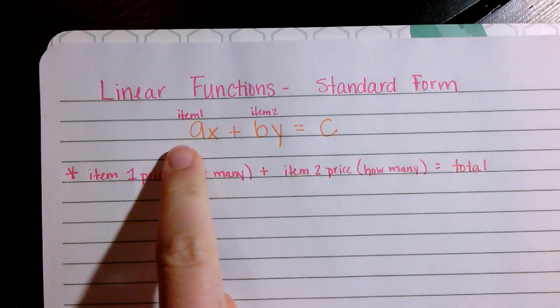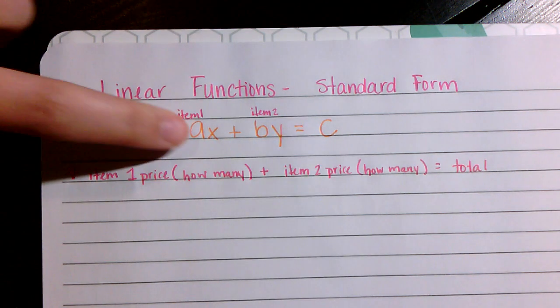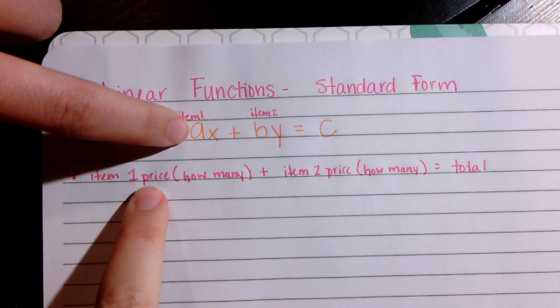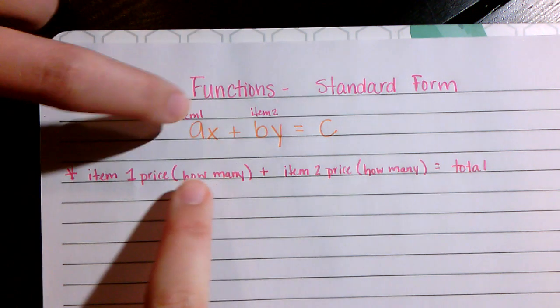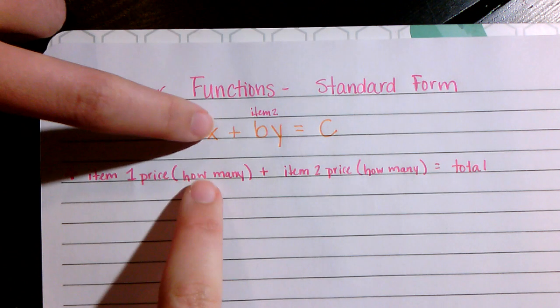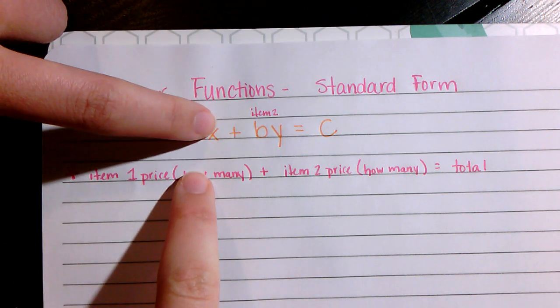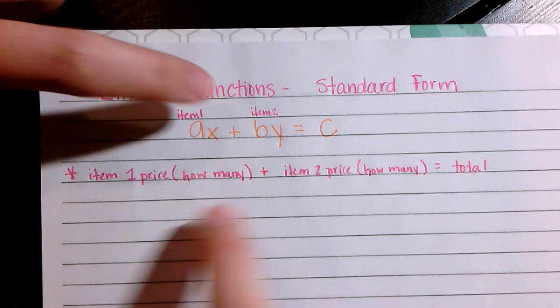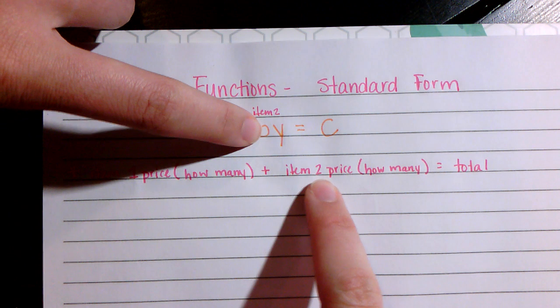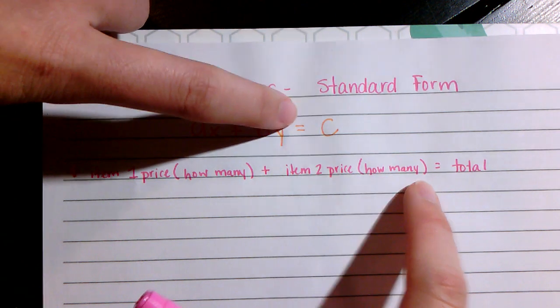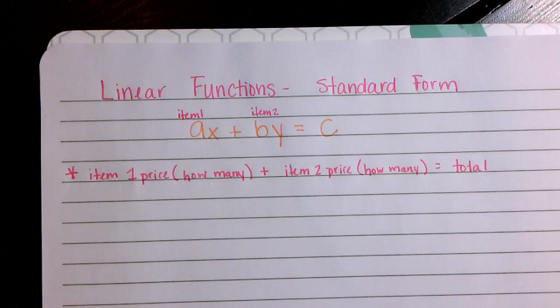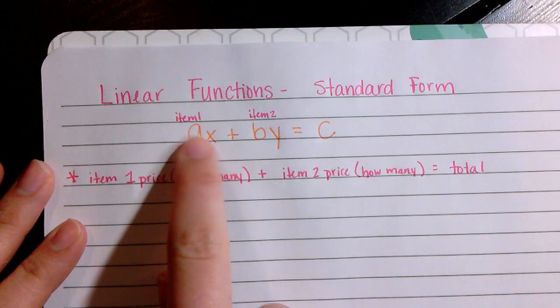So if you were to break down what each one of these letters actually stands for, this stands for the first item's price and how many you have. So if it costs $2 and you buy 3 of them, it's 2 times 3, right? $2, 3 different times. That's what you purchased. Plus your second item, however much it cost and however many you bought, will be equal to the total amount that you're given. So this is what I want you to think about when you see this.